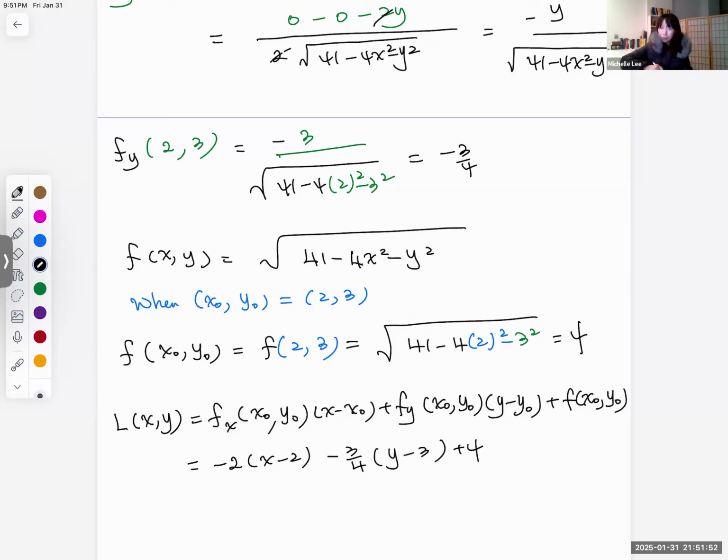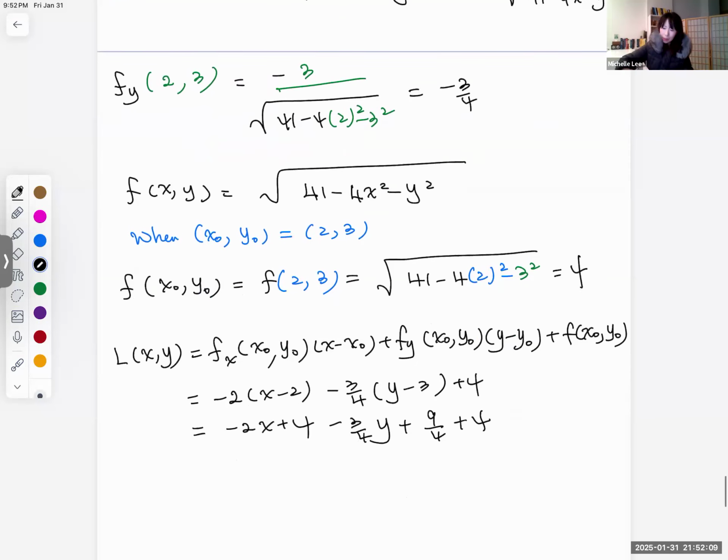Okay, let's distribute. So we have negative 2x plus 4, negative 3/4 y plus 9/4, plus 4. Let's arrange.